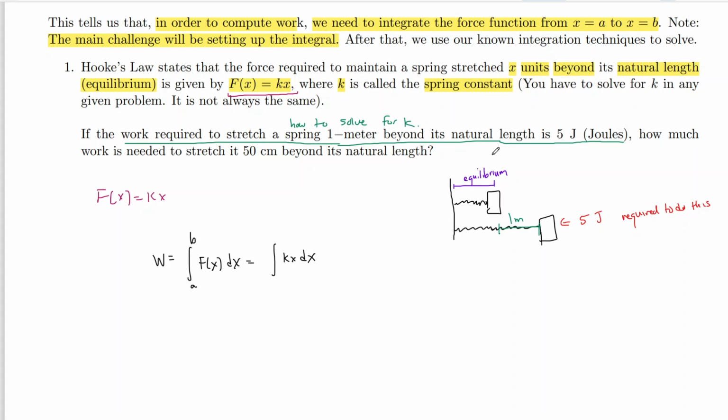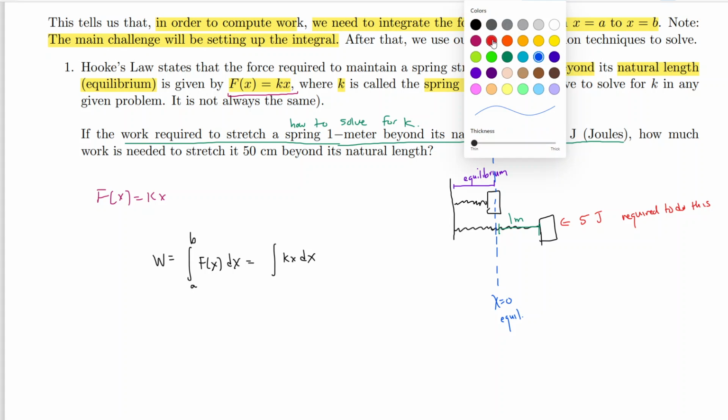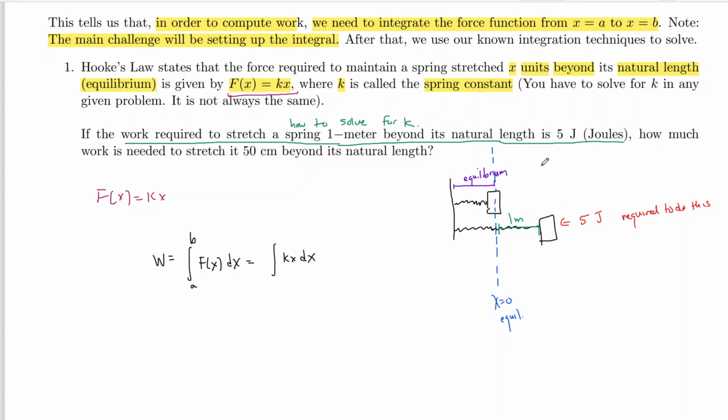So this isn't really here, but this might help a lot, if you think about this being x equals 0, the equilibrium, how far are you stretching it? Well, we're stretching it 1 meter. And what might help is realizing that these are actually bounds on our integral. So this is x equals 1, where we want to stretch.